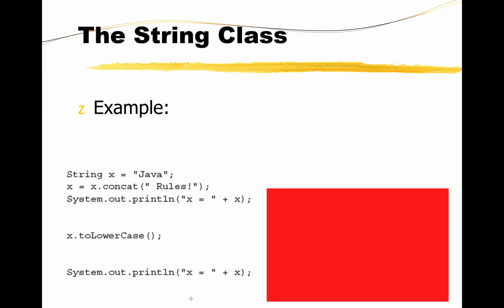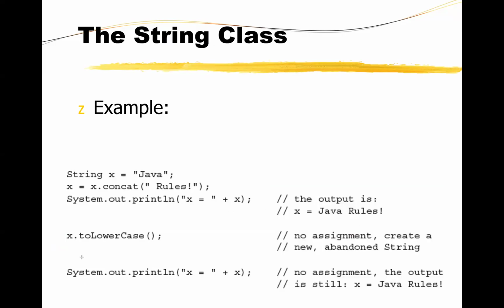Capital J, capital R. Yes, because here x dot toLowerCase will create a new object in lowercase letters, but the reference won't get updated. Therefore, the output would be Java rules. It will create a new abandoned object called java rules in simple letters, but x is referring to the original one.